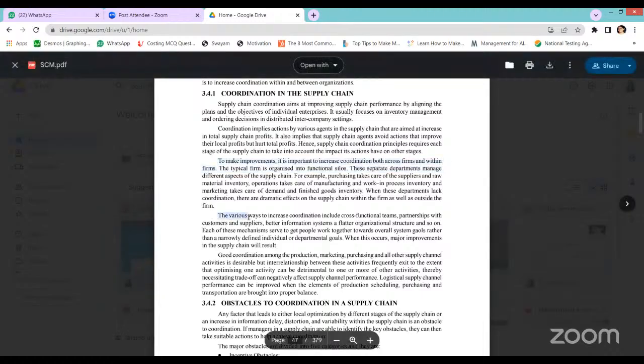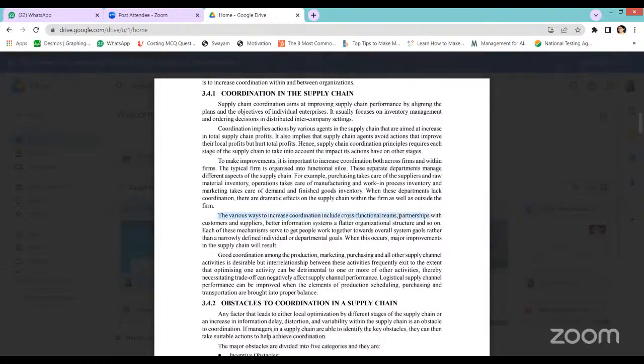Various ways include cross-functional teams, partnerships with customers and suppliers, better information systems, flatter organization structure, and so on. These are the various ways a firm can bring coordination and overcome those planning issues.